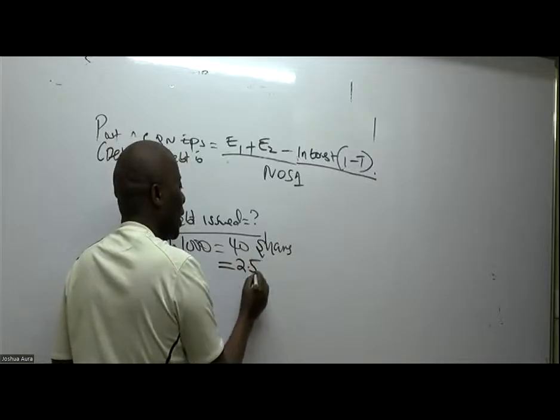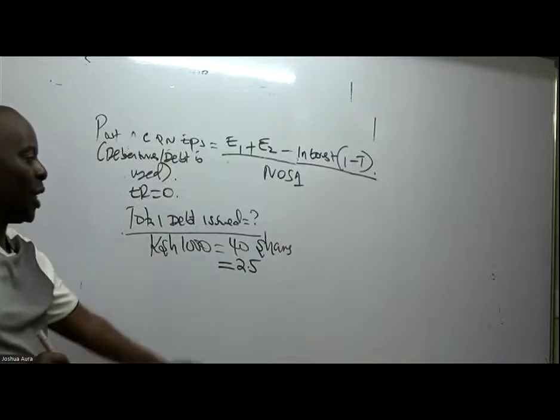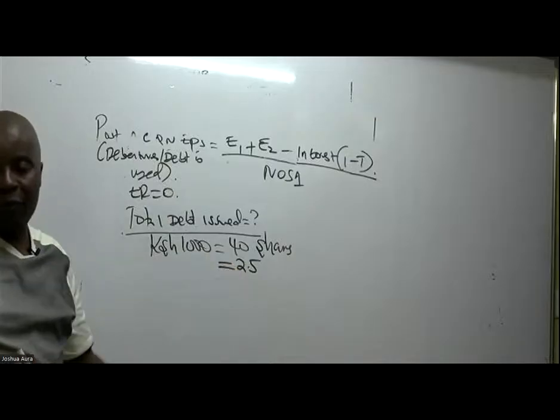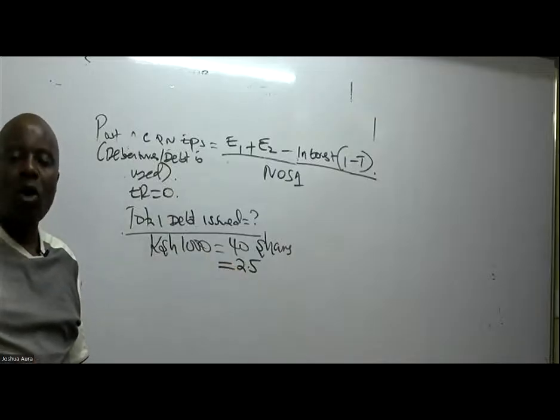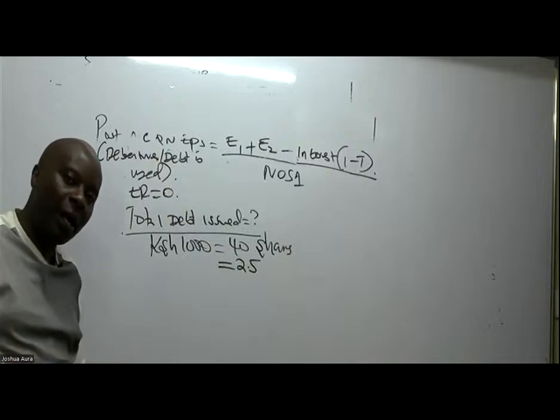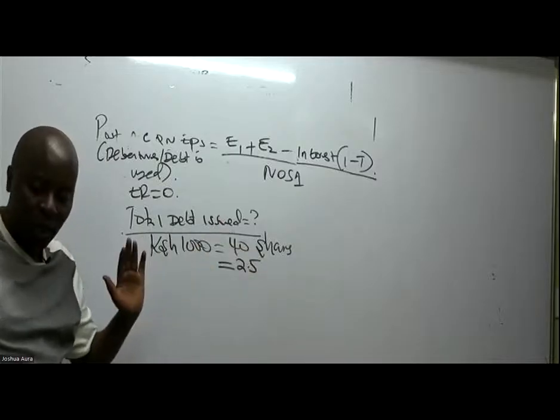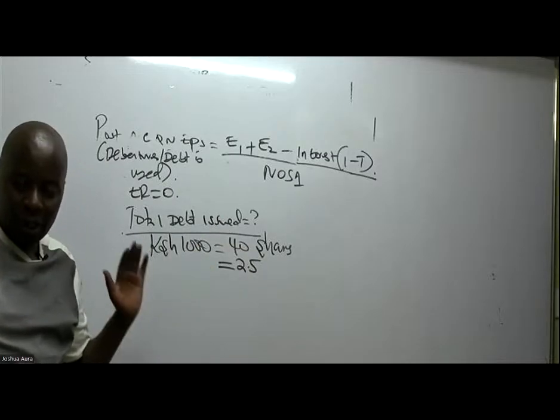We are asking ourselves, how much debt will we give when we acquire 2.5 million shares of the targeted company? Remember, it is the targeted company that is being acquired. I know this is millions, but just leave the millions away.